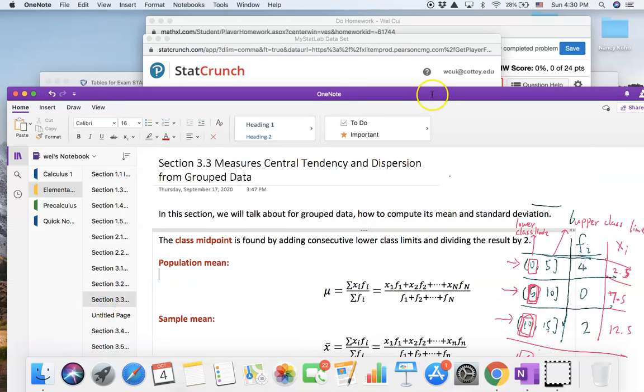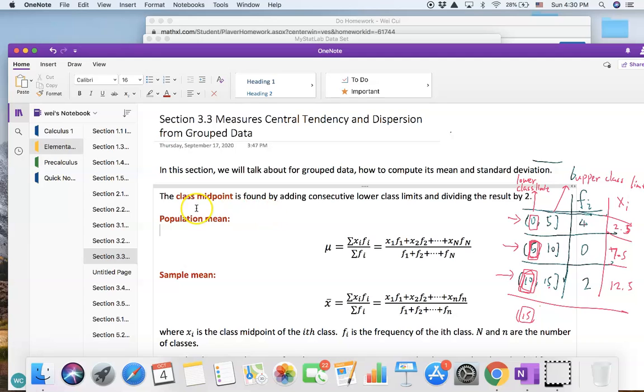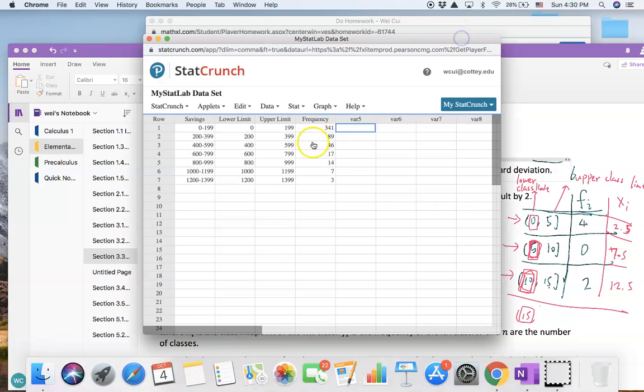So if you forgot what is the class middle point, the class middle point is the average of the consecutive lower class limits. Okay. So for the first class, the lower limit is 0, and the next lower limit is 200.